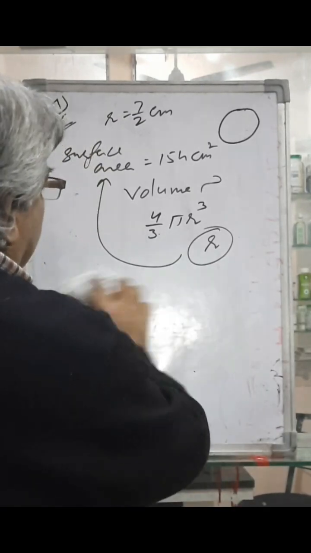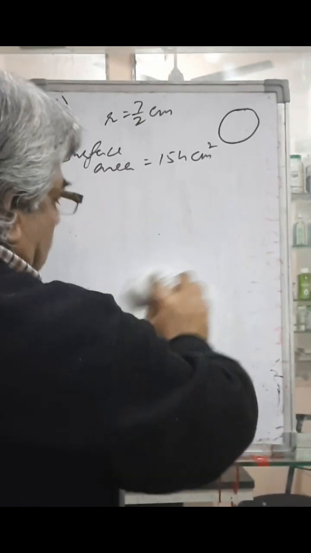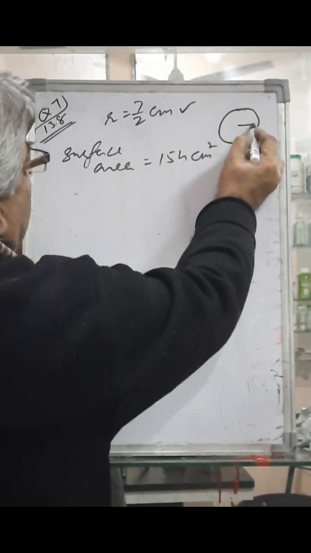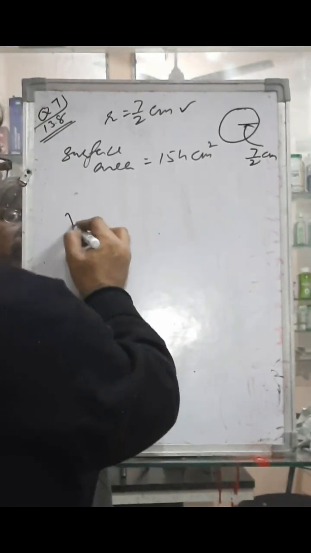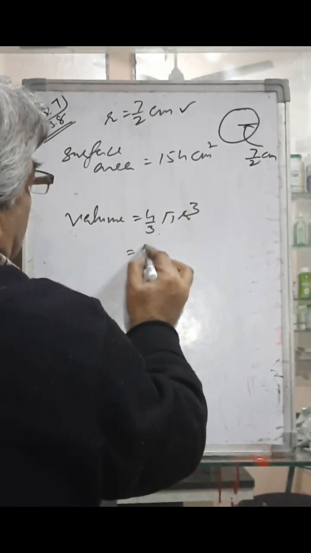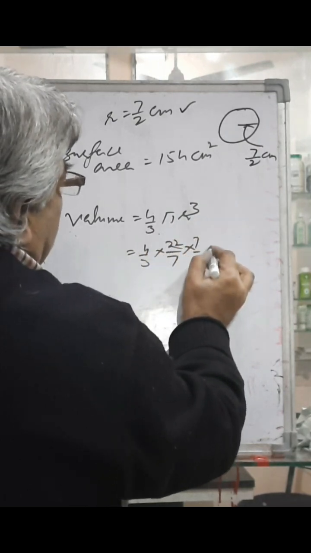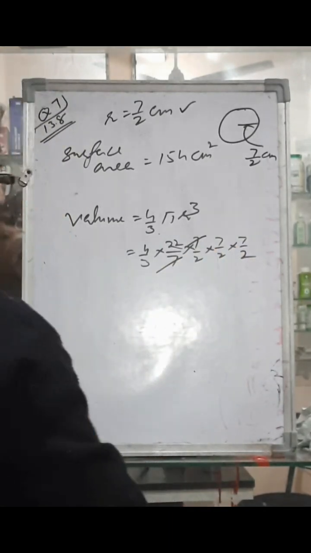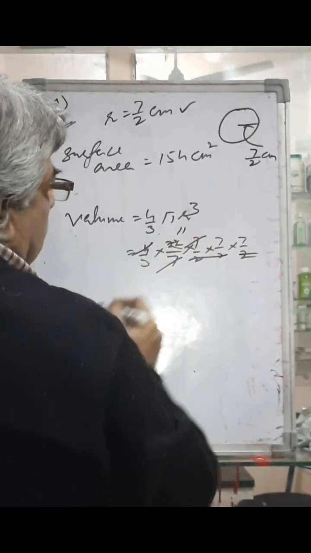So let us now find the volume. Now we have r equal to 7 by 2 centimeter. This we have calculated. And the volume is equal to 4 by 3 pi r cube. 4 by 3, 22 by 7, 7 by 2, 7 by 2, 7 by 2. 7 cancelled. 2 to the 4, 4 cancelled. 2 11s.